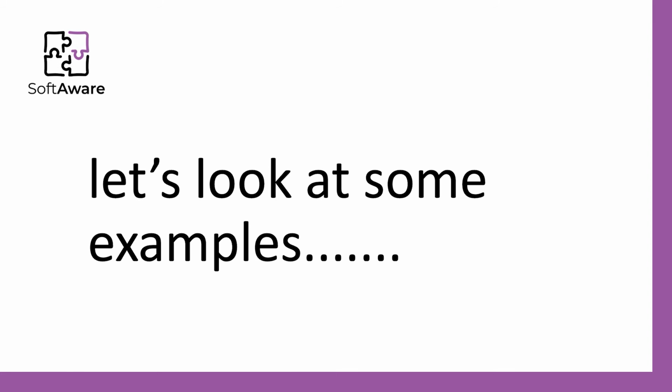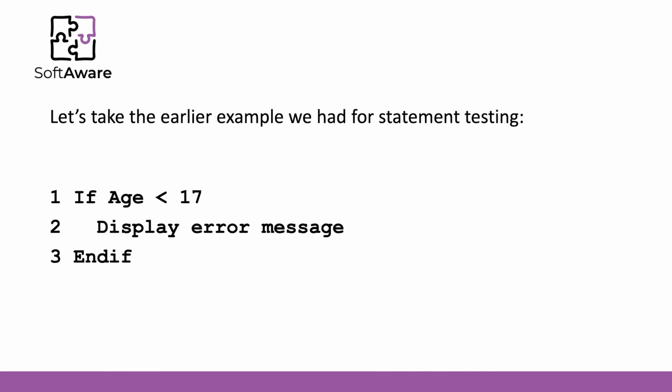And speaking about examples, let's look at one of the examples that we have previously seen for the statement coverage. So in this example, a very simple example, visually, we have this representation. We can actually see that if we want to achieve 100% statement coverage, we only need one single test case designed.